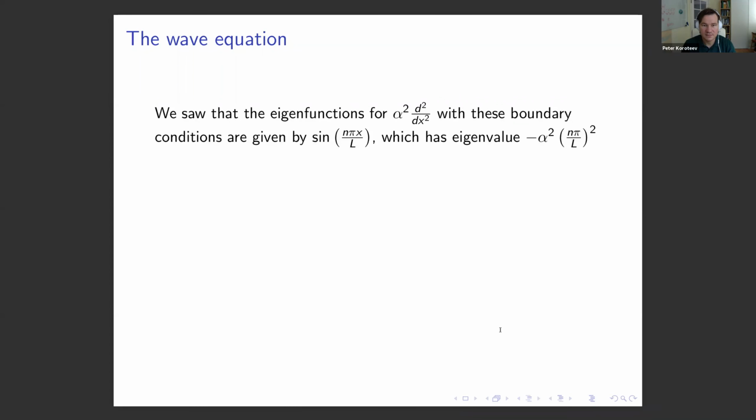So we saw that the eigenfunctions for alpha squared d2 over dx squared with these boundary conditions are given by sine n pi x over L with eigenvalue negative alpha squared times n pi over L squared. So it's the same eigenvalue problem for this operator, and we don't have to redo it, as we already did for the heat equation.